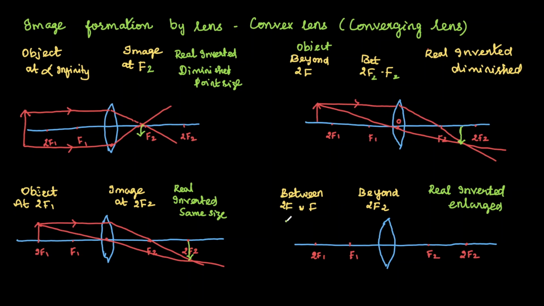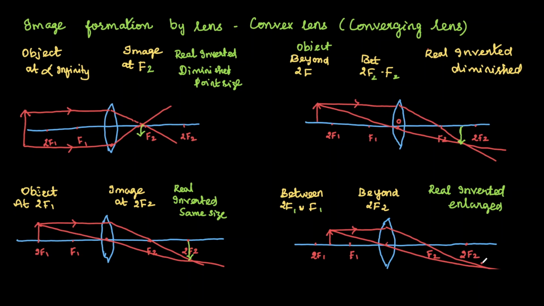If we keep the object between 2F and F, that is 2F1 and F1, the light from the object parallel to the principal axis will be passing through F. In the same way, the second light ray will be passing through the optic center.